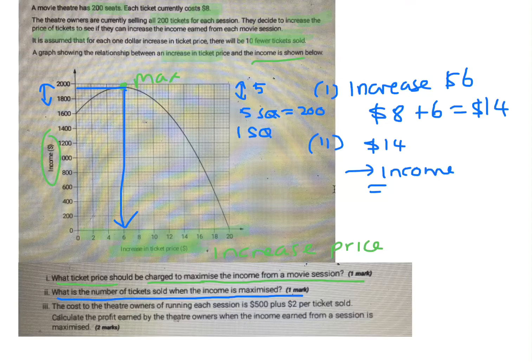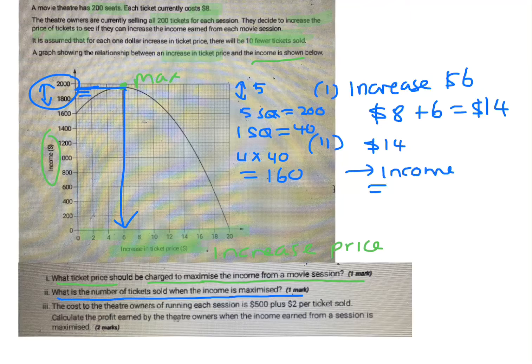So 1 square equals 200 divided by 5, which is 40. Each of those is equal to 40, and there are 1, 2, 3, 4, so that's the 4th one. 4 times 40 is 160.